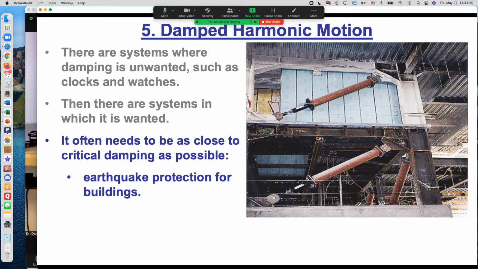Aren't they? Those are humongous shock absorbers, right? Like the same thing as a shock absorber on your car. If you didn't have shock absorbers on your car, you hit a pothole and you'd be bouncing all the way to Boston.